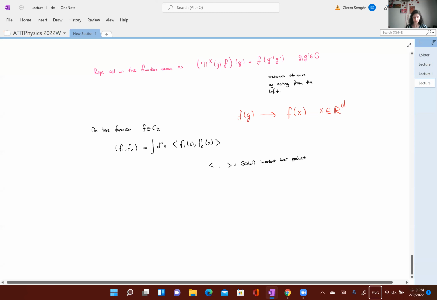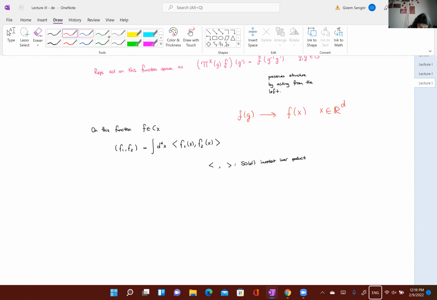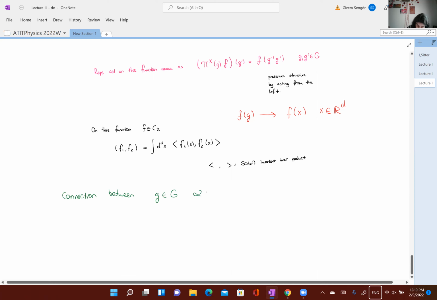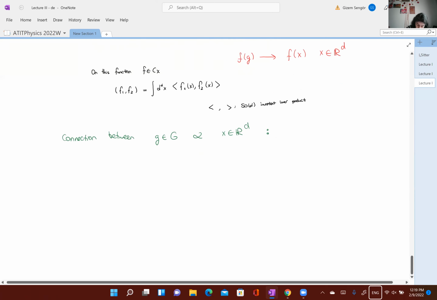Now we will do something. I said there's a connection between group elements and position space, and it is as follows.